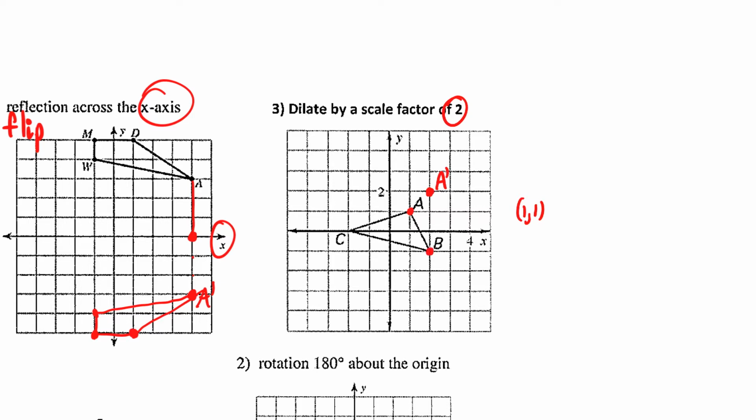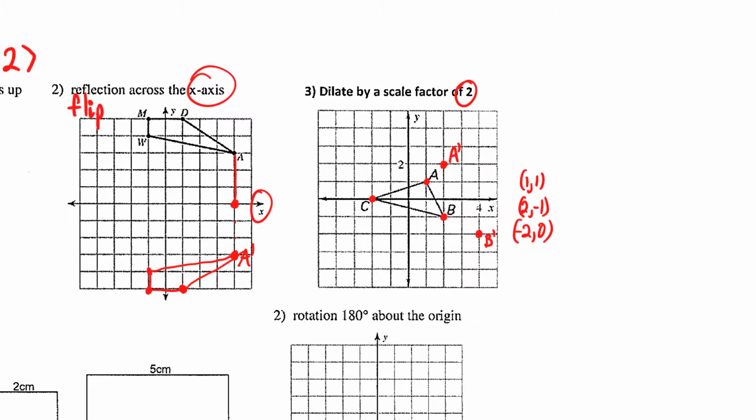What are the coordinates of B? 2, negative 1. So what's that going to turn into? Okay, good. If I multiply both of those by 2, it's going to turn to 4, negative 2 for B prime. And then what are the coordinates of C? Negative 2, 0. Multiply both sides by 2. What's that going to turn into? Negative 4, 0. So there's C prime.